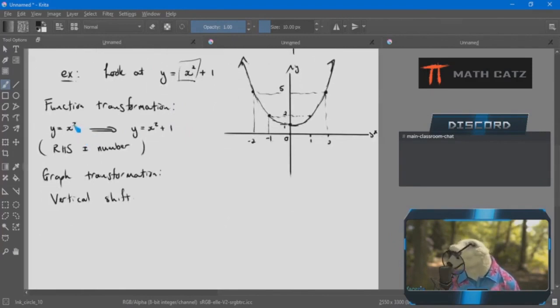If I take any function, not necessarily x squared, but I change the function in the same way by adding or subtracting a number, then a vertical shift of whatever that graph was is still what's happening. Now, of course, because I had a different function, I might not know what the graph looks like, but whatever that shape was is going to shift vertically. Up if I added, down if I subtracted.